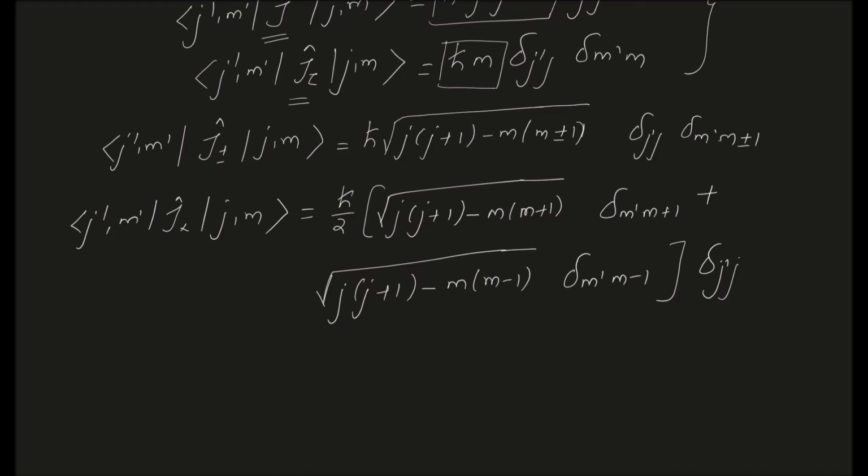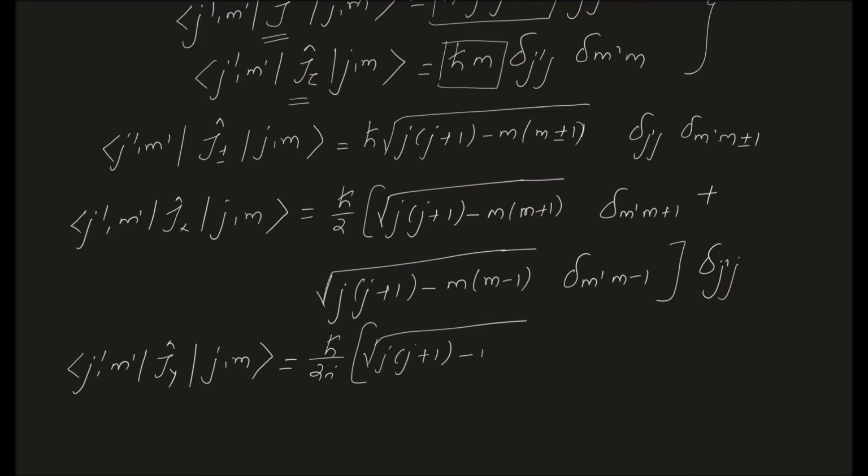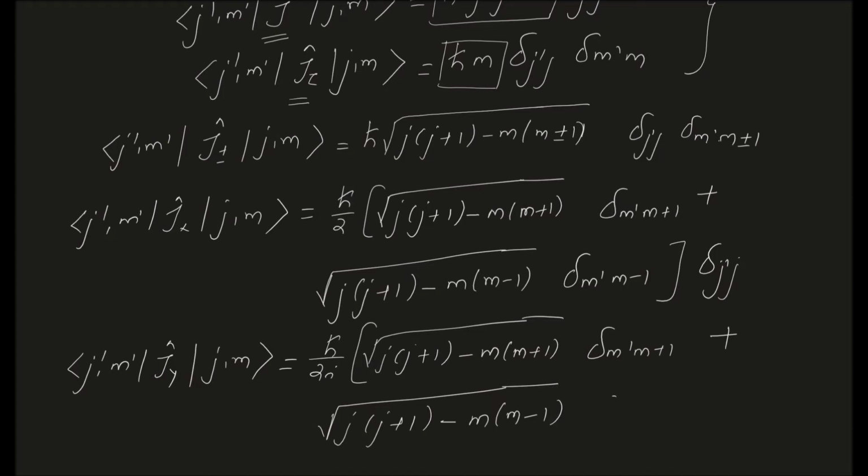Similarly, the matrix for Jy can be written as <j' m'| Jy |j m> is equal to h cross by 2i times the square root of j into j plus 1 minus m into m plus 1, delta m' m plus 1, minus square root of j into j plus 1 minus m into m minus 1, delta m' m minus 1.